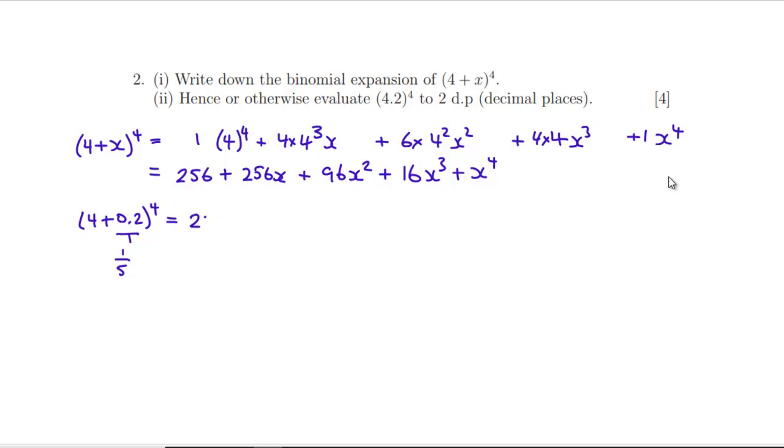So we've got 256 plus 256 times 0.2. That's a fifth of it, which is going to be 51.2. So a fifth still comes in handy every now and again. 96 times 0.2 squared, so 0.04. Let's work that out in a minute. 16 times 0.008, and then we're going to have 0.008 times 0.2, which would be 0.0016.